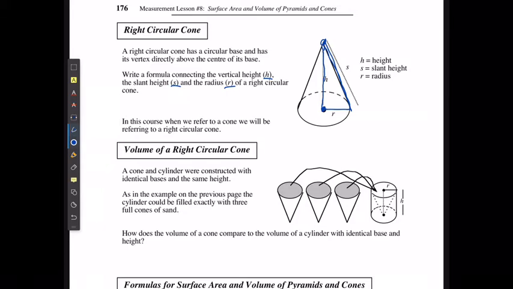In this case, the slant height squared is going to equal the radius squared plus the vertical height squared. We can just use the Pythagorean theorem to solve if we're missing one of these.